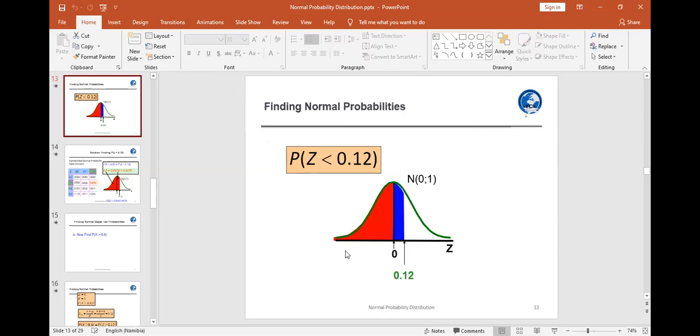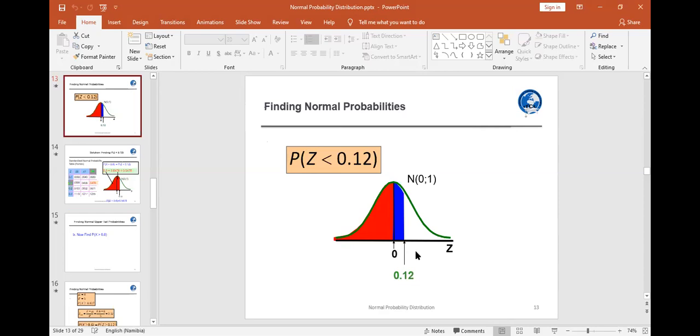What is this area in terms of probability? You already have an idea, knowing that from this point, this red part should be 0.5. So it's just a matter of adding this 0.5 plus this blue part here. This blue part plus 0.5 gives us the area which is less than 0.12.